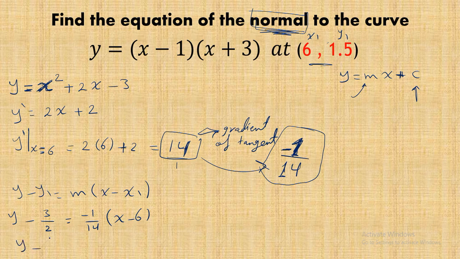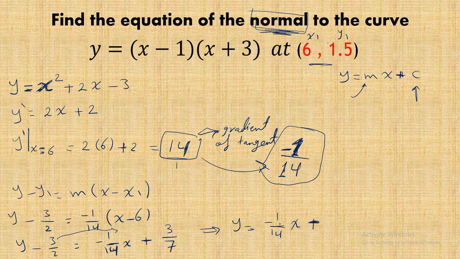Simplify. Y minus 3 over 2 equals negative 1 over 14 x plus, using calculator, it will be 3 over 7. Negative, negative, positive, so 6 multiply 1 over 14, it's 3 over 7. We'll move this part to the other side, so it will be y equals negative 1 over 14 x plus, we'll add 3 over 7 plus 3 over 2 using calculator.